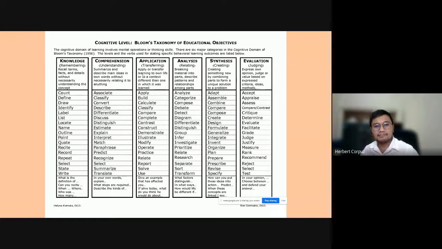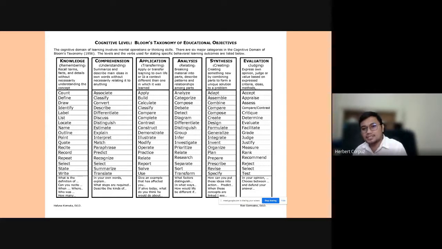Okay, so then of course we have the last three under the higher order thinking skills: analysis, synthesis, and evaluation. When we say analysis, it's breaking material into parts. So when you break a whole into parts, for you to be able to understand the relationship among these parts, then that's what we mean by analysis.